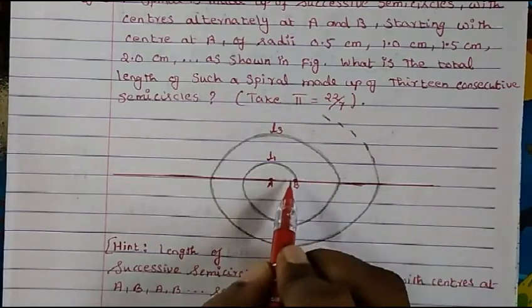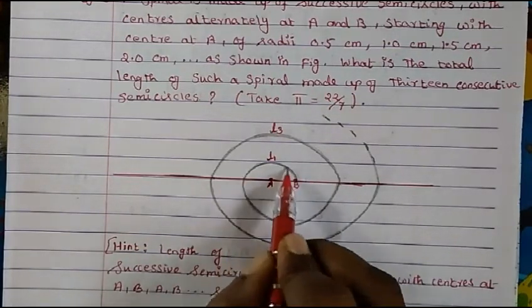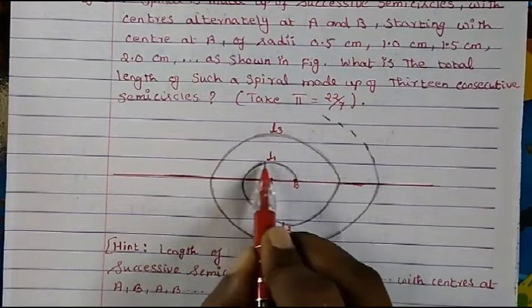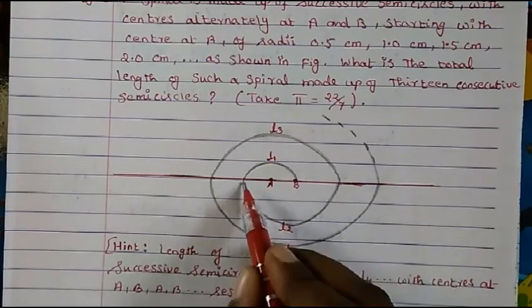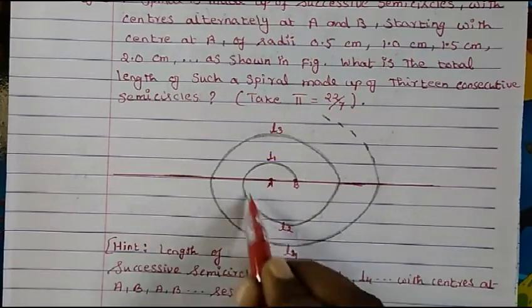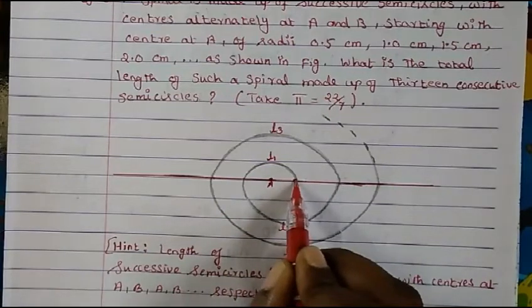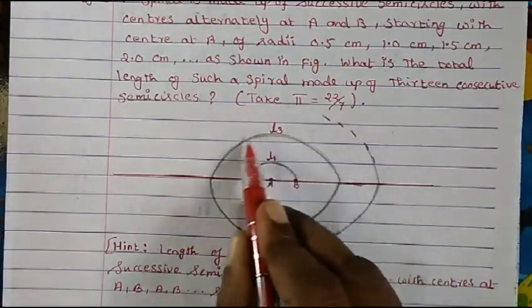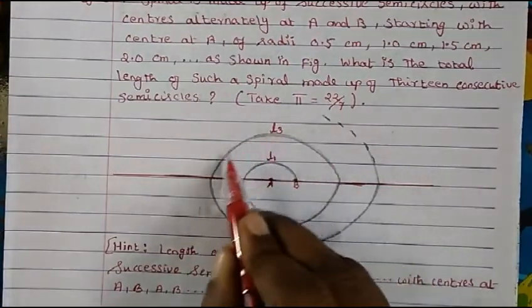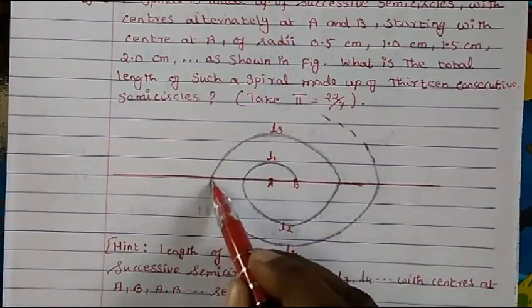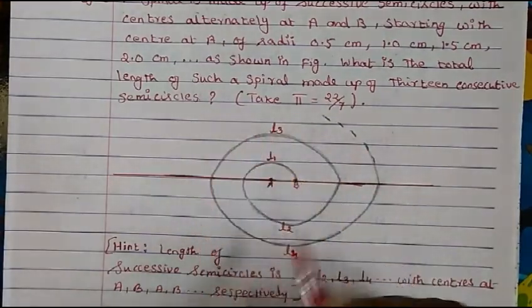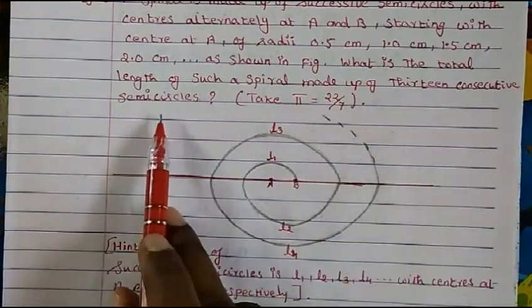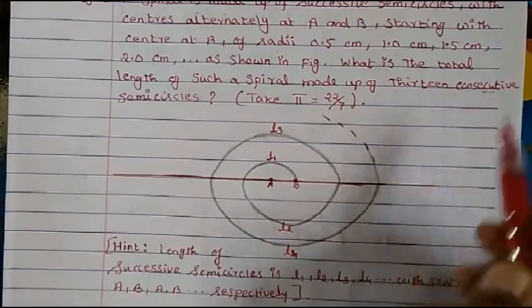So now for this first set, the length of this semicircle. This is the first semicircle, center is A. And then the second semicircle is this, and for this semicircle, center is B. Now this is the third semicircle, and for this center is A. Now this is the fourth semicircle, and for this the center is B, and so on, up to 13 consecutive semicircles. 13 consecutive means continuously.